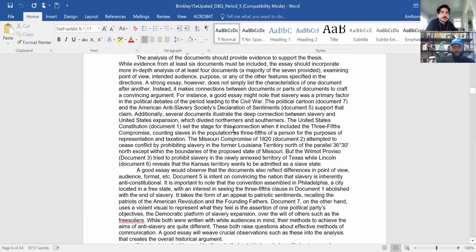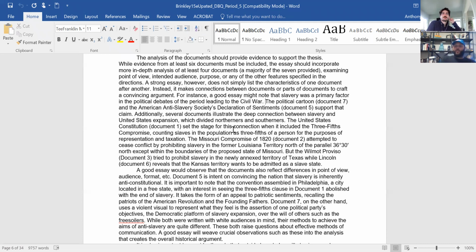A good essay observes the document. Let's see. They said 5 and 7 go together. The United States 1 says state street connection. 3 is compromise, which would be the Missouri Compromise, and Wilmot and Lincoln. Those would be your groups. You've got 4, 5, 7: John Brown, Declaration of Sentiments, and the political cartoon.